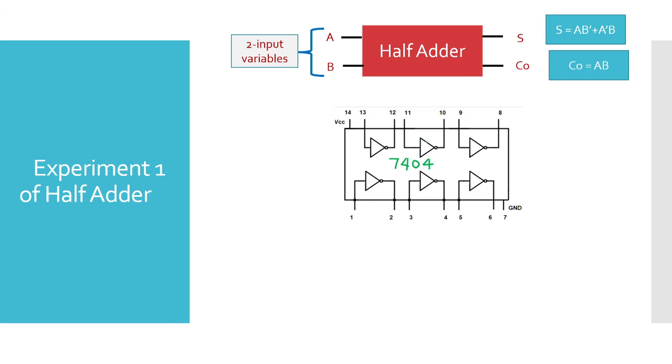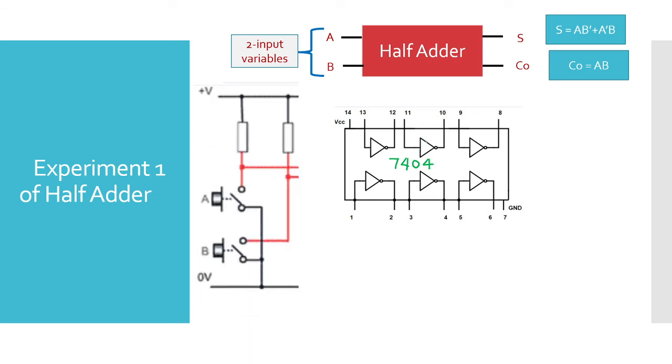You also require push buttons. As there are 2 inputs, you will take 2 push buttons to give the signal 0 or 1. Once the signal is connected, you are giving 1, and if it is open, you are giving 0, depending upon the push button condition. So A and B signals you will give through the push buttons.